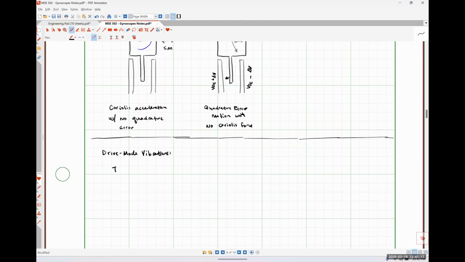So typically, the drive mode of a MEMS gyroscope is excited at the mechanical resonant frequency of the drive system.